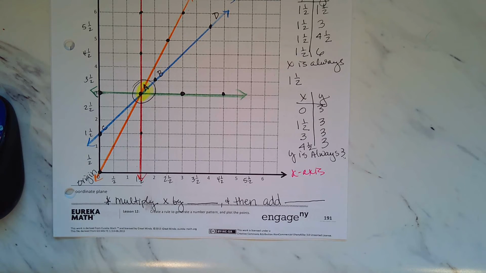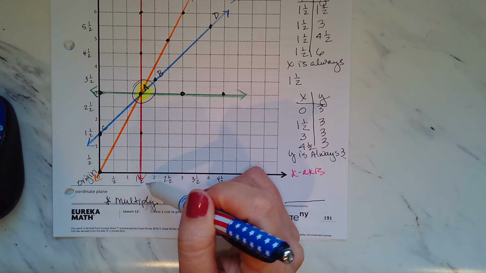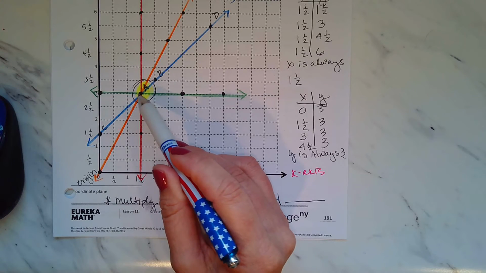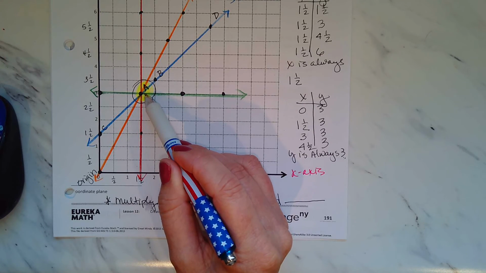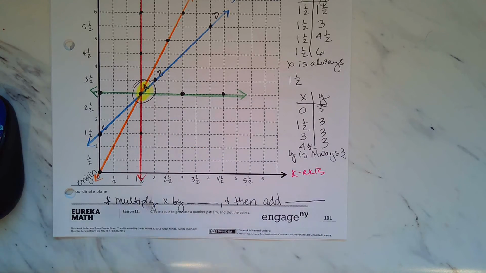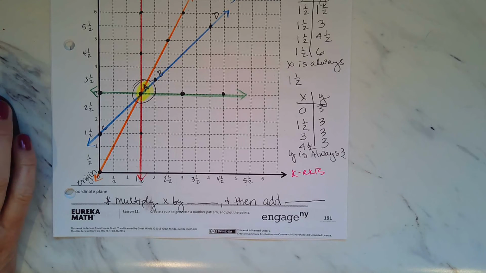And then add what? So if we started with 1.5 and 3, what did we do? So multiply x by 1.5. What are you going to do? Come up with something. I want you to come up with something on your own.